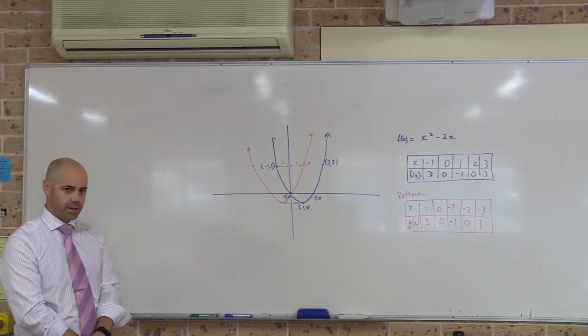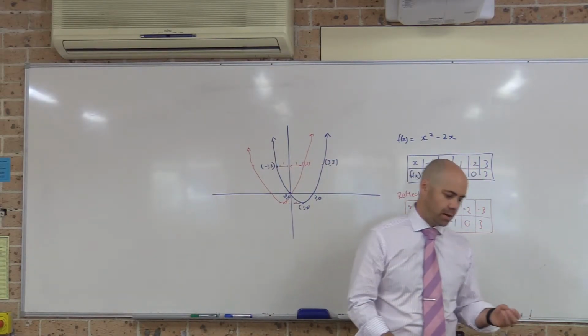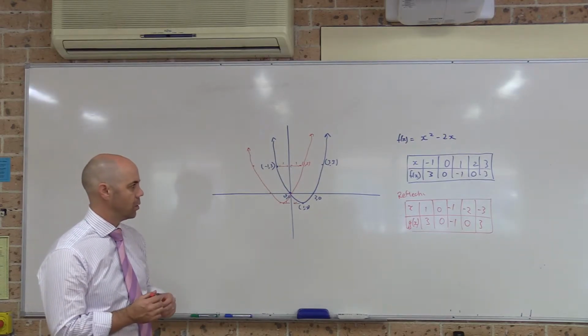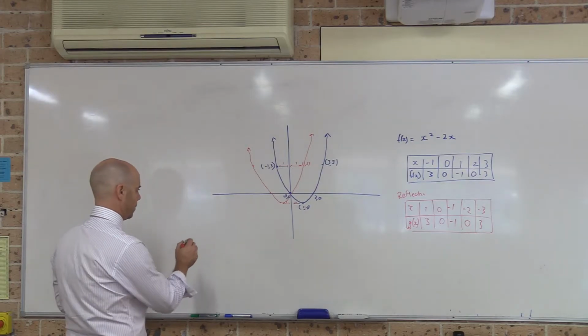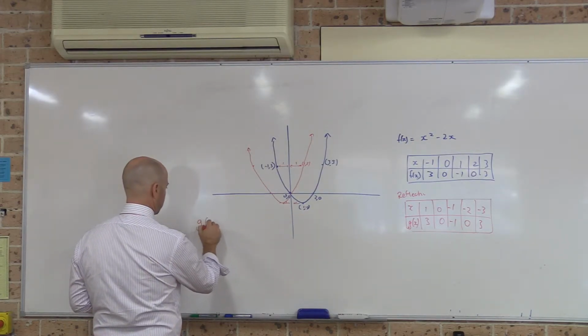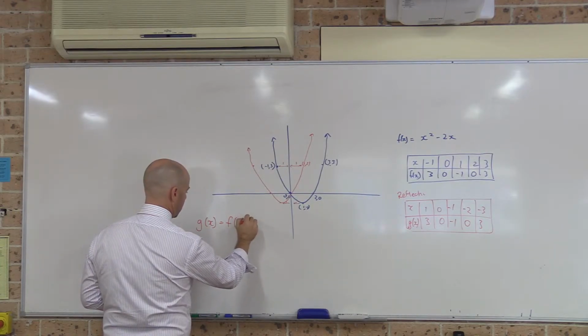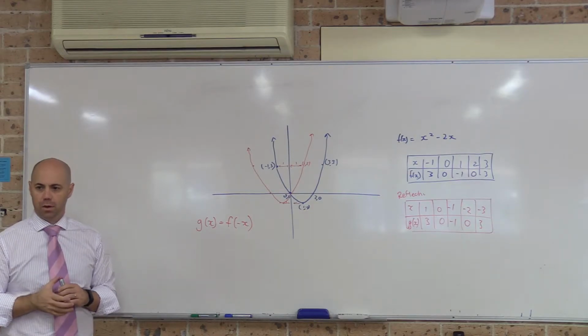So to create a reflection in the y-axis, what have we done? We've multiplied x by negative 1. We've actually put in the negative value of x.